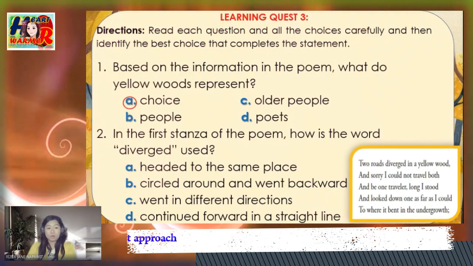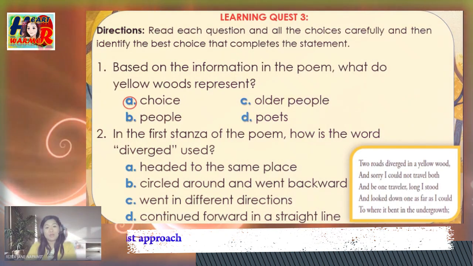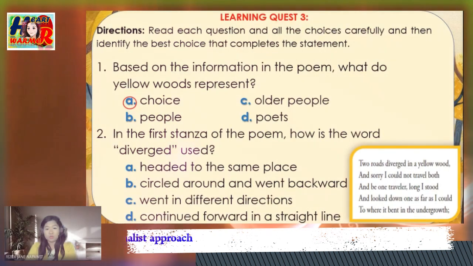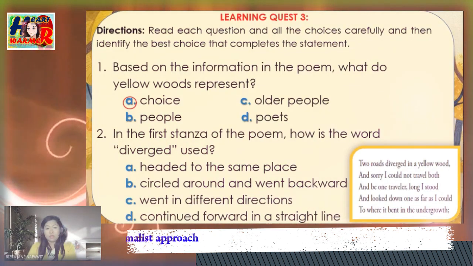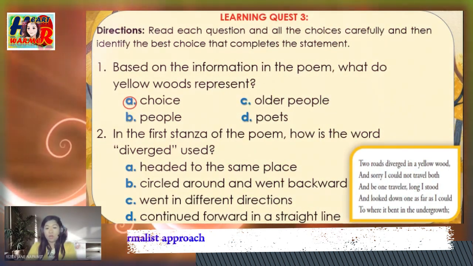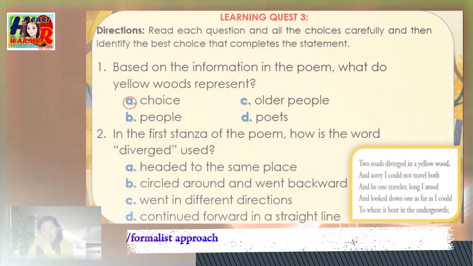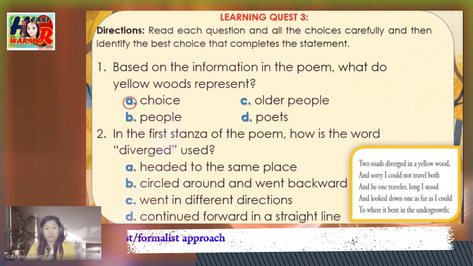Next, number 2. In the first stanza of the poem, how is the word diverged used? So you notice, two roads diverged in a yellow wood. So what do you think that diverged is referring to?